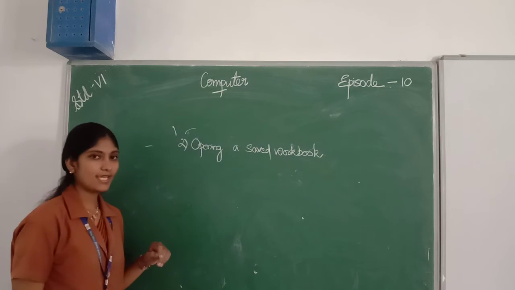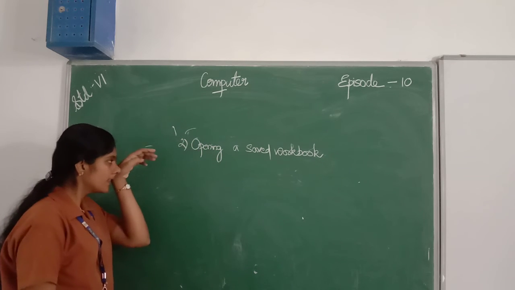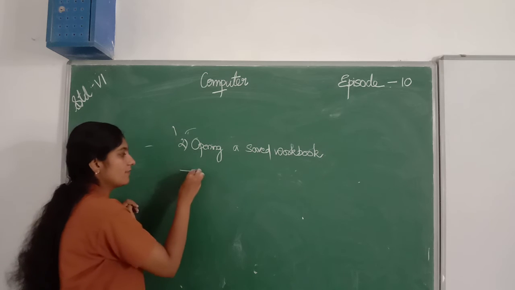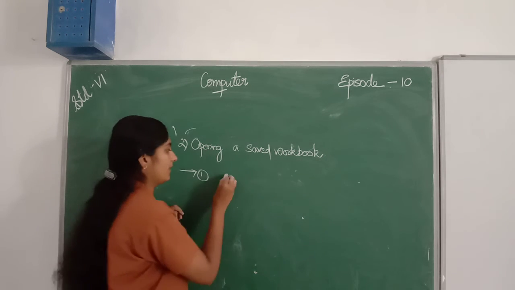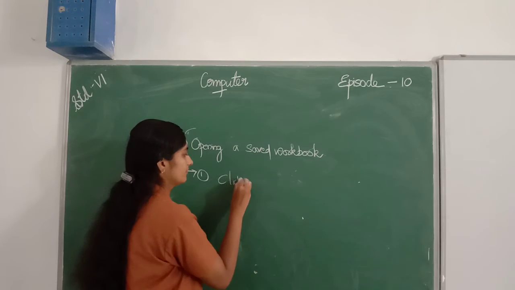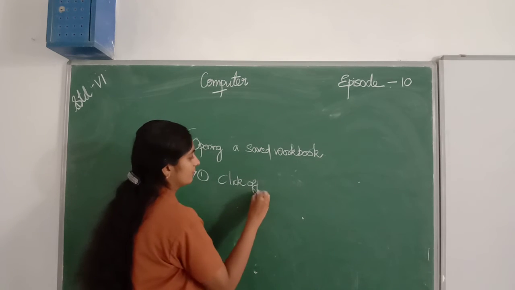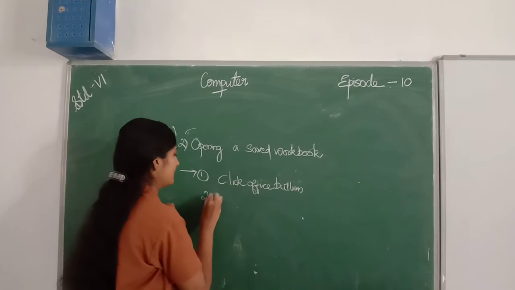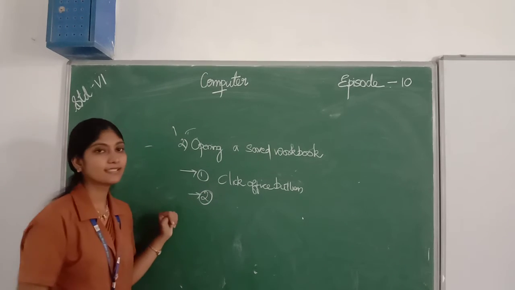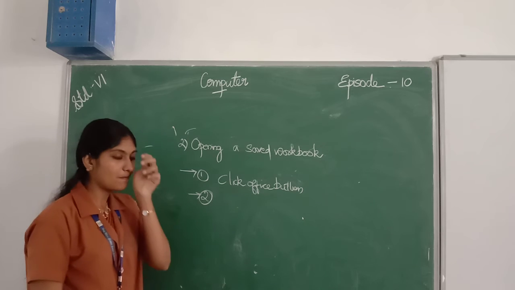Okay, opening a saved workbook. So first one, what is the first thing? Go to Office button. That is click Office button. Second step, click Open.